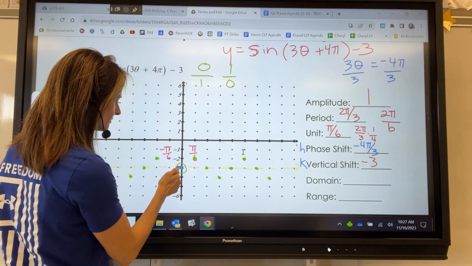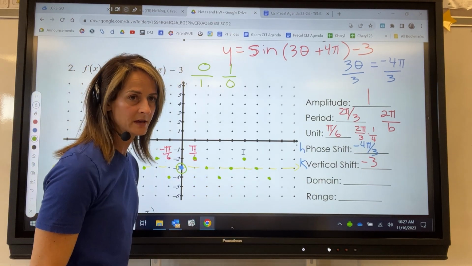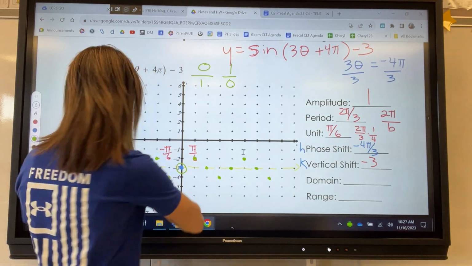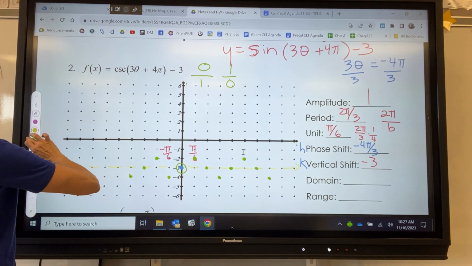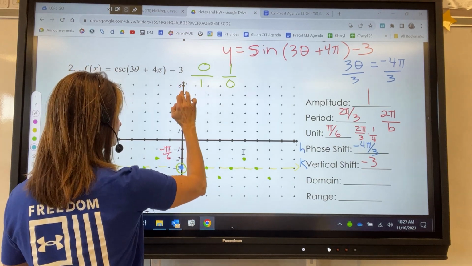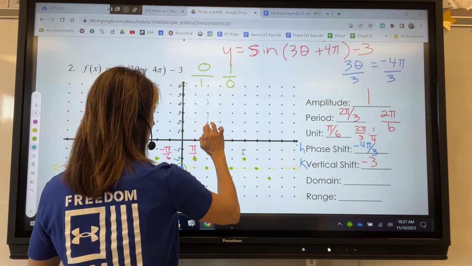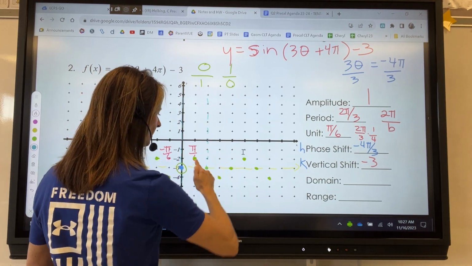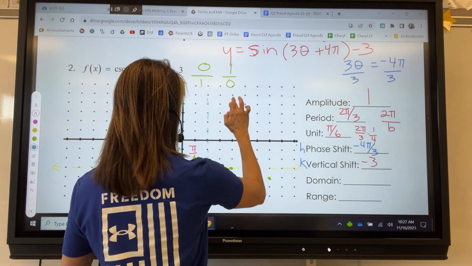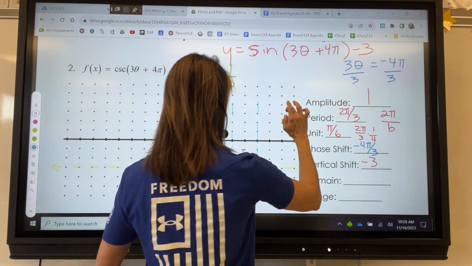So all of these zeros along our midline are going to change from zeros to asymptotes. So I'm going to go ahead and use a highlighter and draw those in light blue. So I'm going to change all my zeros to asymptotes. So we're cutting a period in half. 1 full period, now we've got an asymptote right in the middle there. That's going to be important in a minute when we're doing the domain. Good enough.